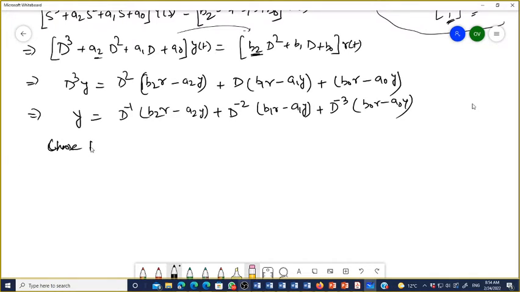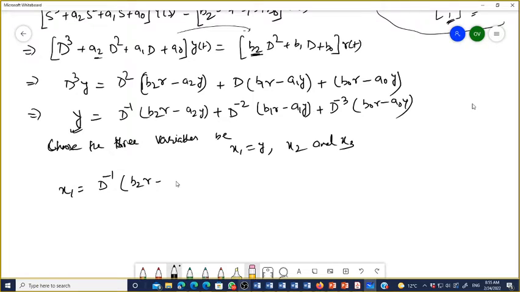Choose the three state variables, x1 equals y, x2 and x3. Let's say this is x1. So x1 becomes d inverse of b2r minus a2x1, plus d to the power minus 2 of b1r minus a1x1, plus d to the power minus 3 of b naught r minus a naught x1.